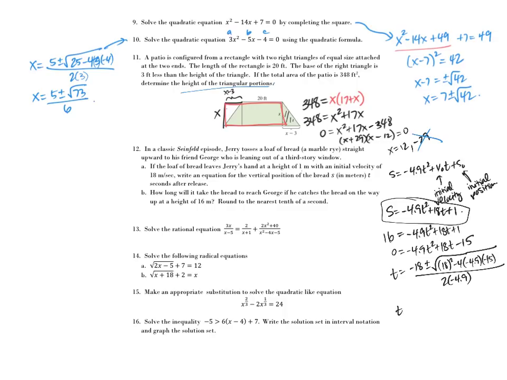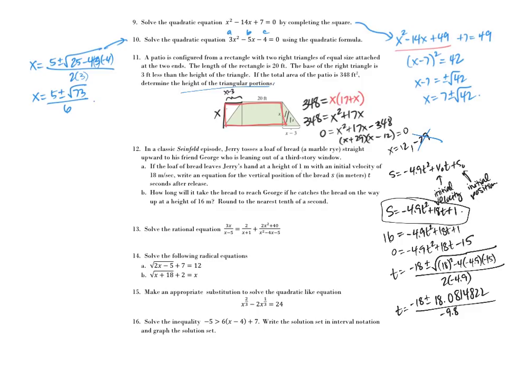So I get t is equal to negative 18 plus or minus, and this gives me 18.0814822 over negative 9.8.